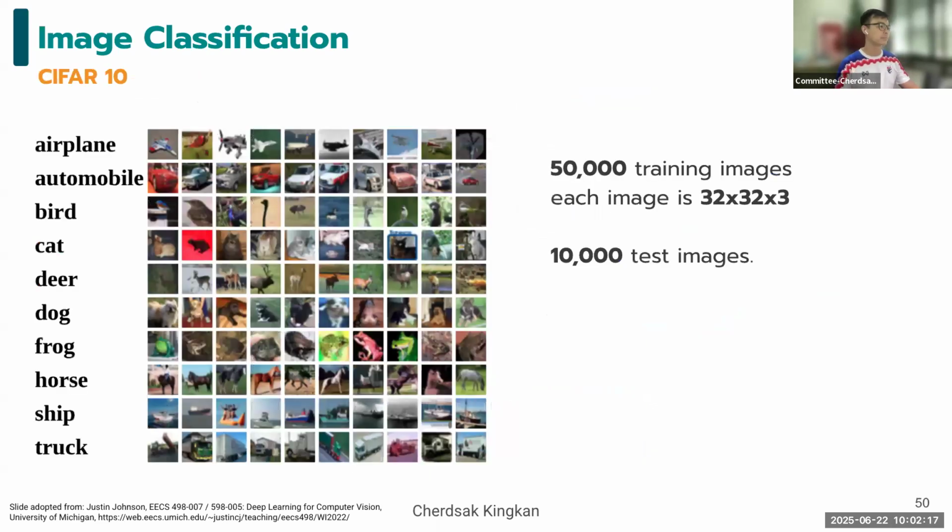To train image classification using a linear model, we probably have to use a bigger data set with more variety of images, more variations. So we can use CIFAR10, which has a resolution of 32 by 32 by 3.